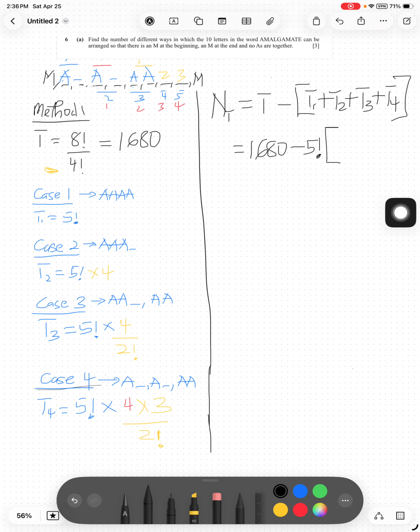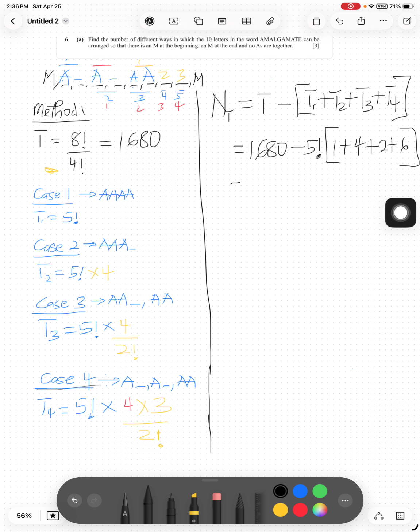So for the first case, when we factorize 5 factorial out, we'll be left with 1. Plus the second case, we'll be left with 4. The third case, we'll be left with 4 divided by 2 factorial, that will give us 2. Then the last case, we have 4 multiplied by 3, that will give us 12 divided by 2, and that will be 6. So that is our square bracket.